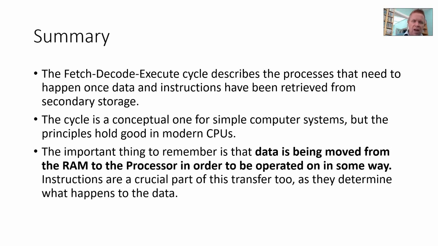And what this cycle does is that it takes those instructions and data in order and examines them and carries out whatever operation is required. The outputs of that go back into the RAM and ultimately will end up again on the secondary storage, usually.